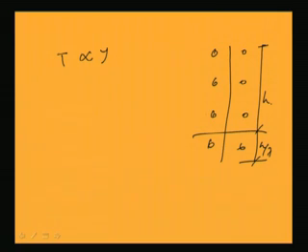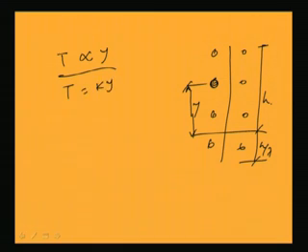That means, if y is this distance in this rivet, then the tensile force in this rivet will be proportional to y, T varies as y. That means, I can write T is equal to K into y, where y is the distance from the neutral axis to the rivet and K is the proportionality constant. So, K I can find out from this.